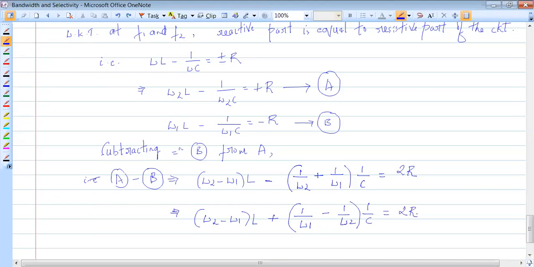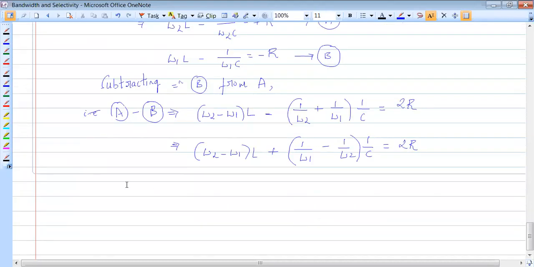I want omega 2 minus omega 1 here also. Another omega 2 minus omega 1 if I rearrange in this particular fashion. I hope you have no problems with that.